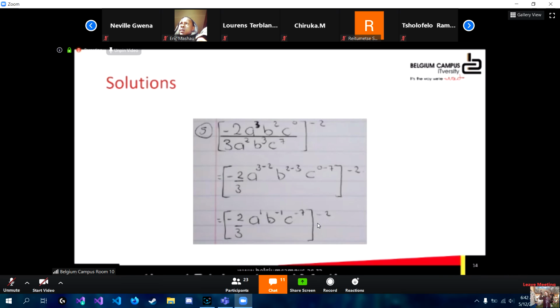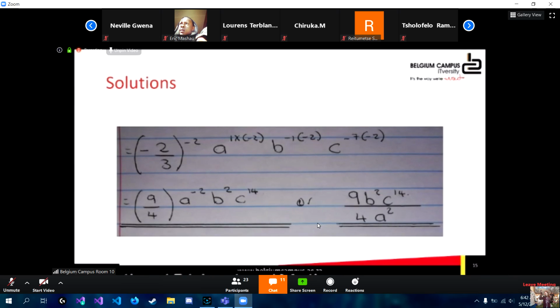Then whatever power we have outside the brackets, you are going to raise each term inside the bracket to that power. -2 over 3 to the power of -2 is the same as the fraction 1 over -2 over 3 squared. Simplify that new denominator.